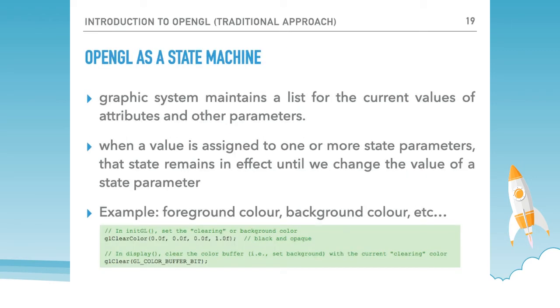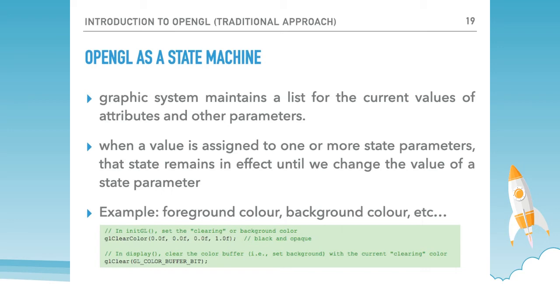A graphics system that maintains a list for the current values of attributes and other parameters is referred to as a state system or state machine. Attributes of output primitives and some other parameters, such as the current frame buffer position, the foreground color, or the background color, are referred to as state variables or state parameters.